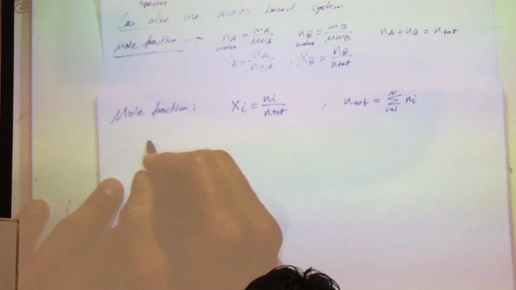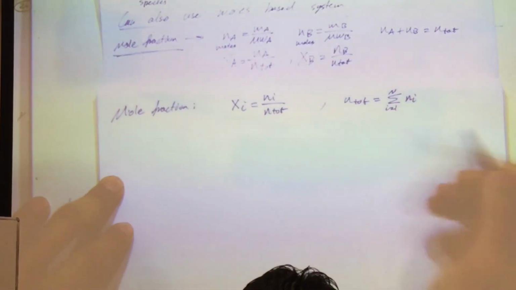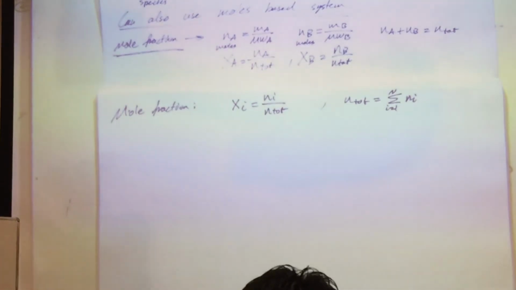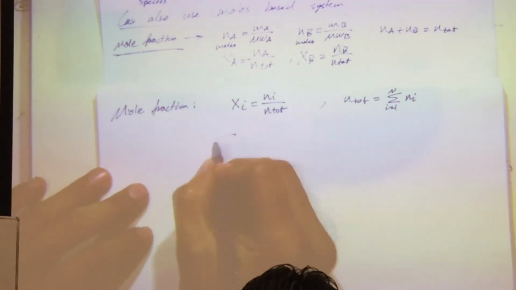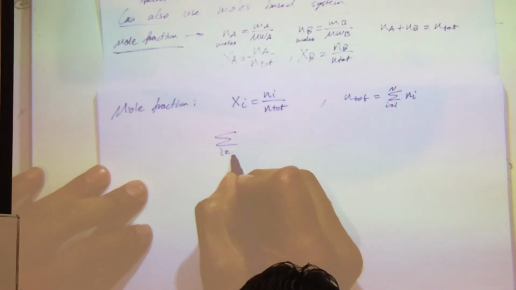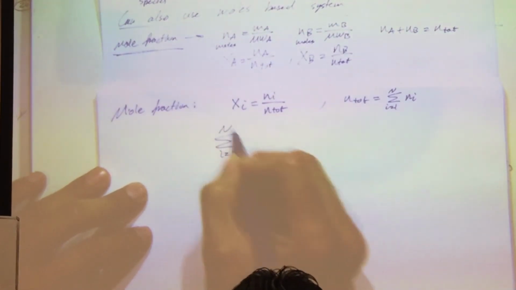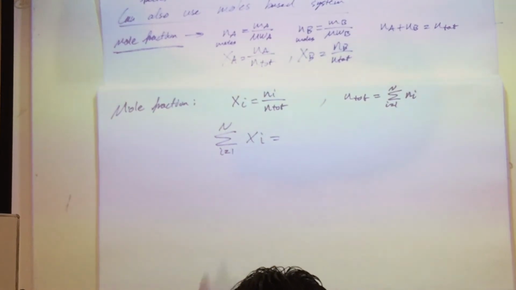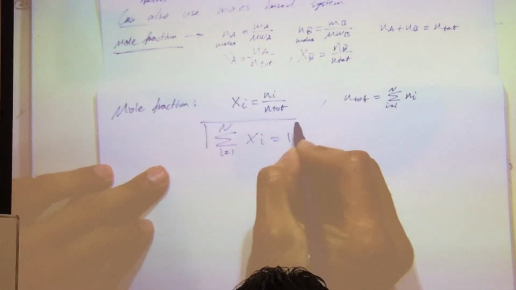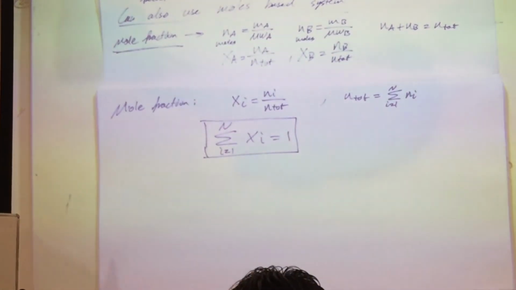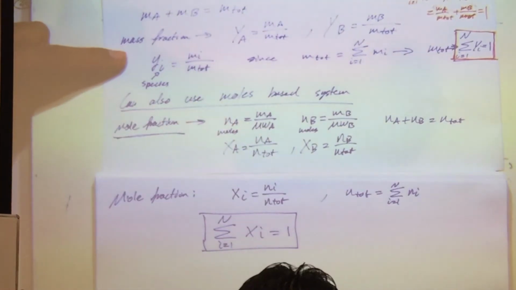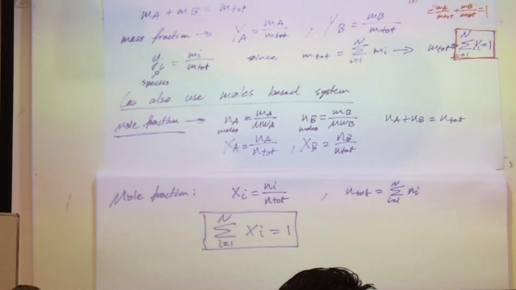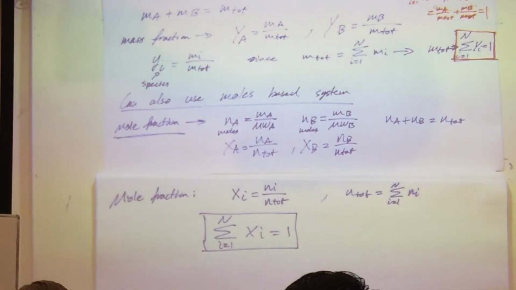And what else do we cover? Now the total sum of the mole fractions. The summation of all mole fractions that you have is equal to 1, same exact thing. The difference between them is that this was in terms of mass, in terms of kilograms or grams, the units you're used to in general.